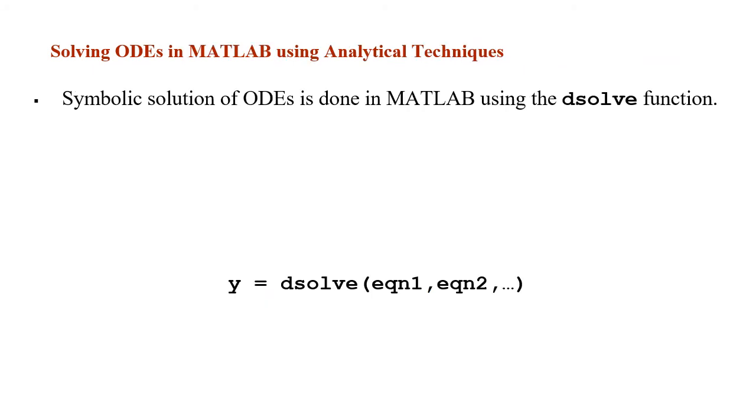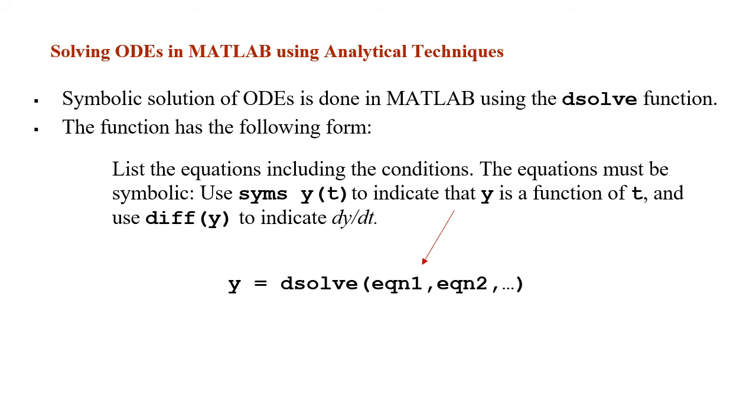Now we're going to move on to how to solve ODEs in MATLAB using analytical techniques. Symbolic solution of ODEs can be obtained using the function dsolve, which has the following form. The function dsolve takes symbolic equations as inputs, including the condition equations.